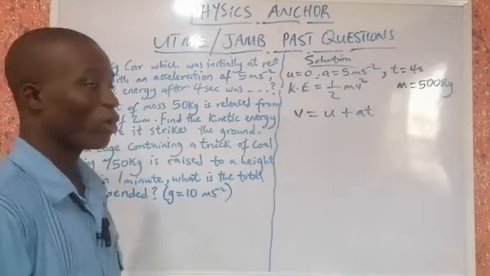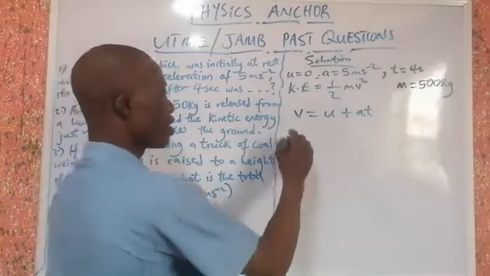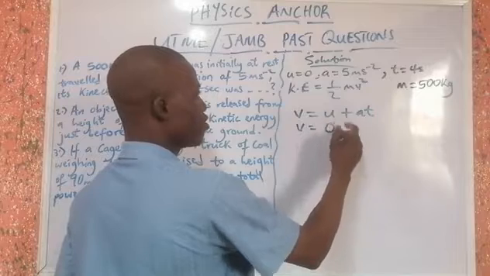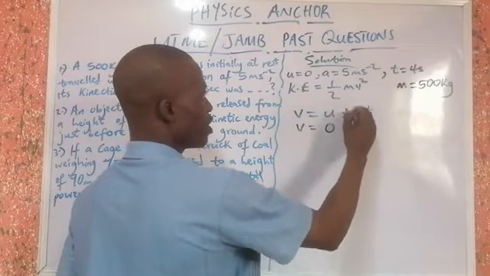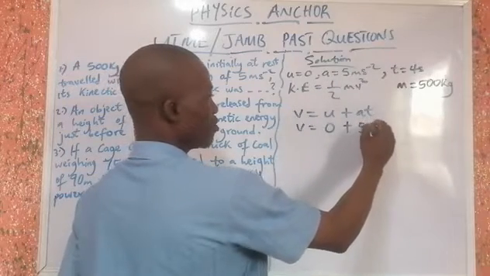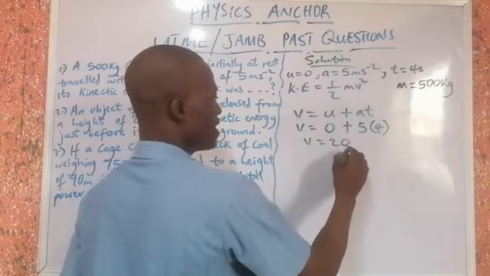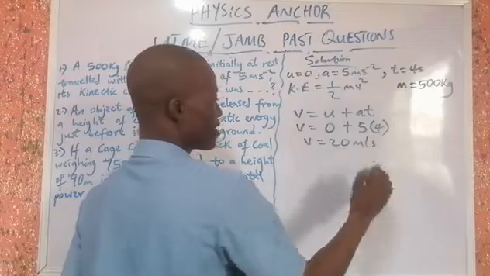So we can now calculate our V using this. Our U will be 0, that we already know, plus 5 acceleration, and then 4 for time. So V equals 20 meter per second.